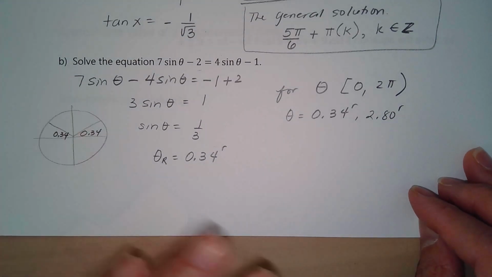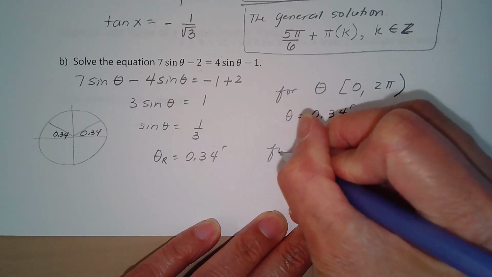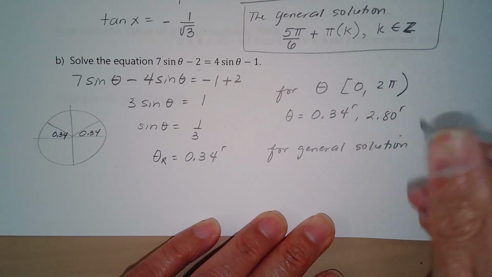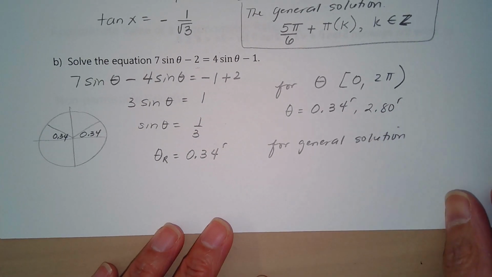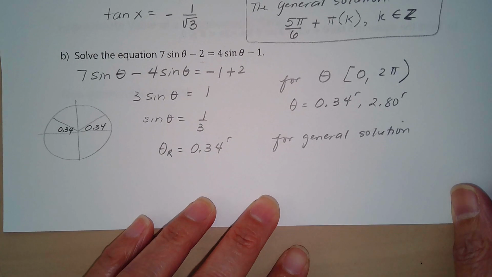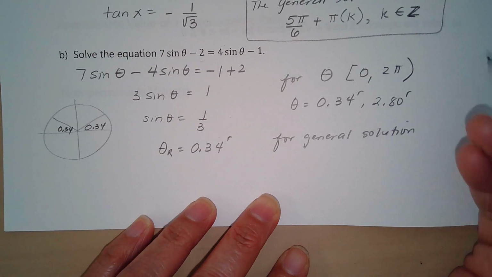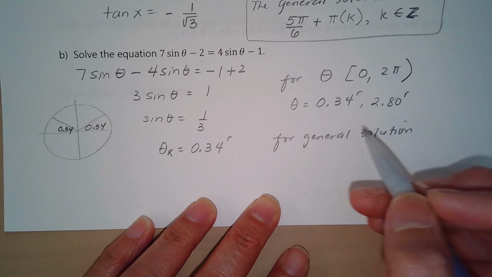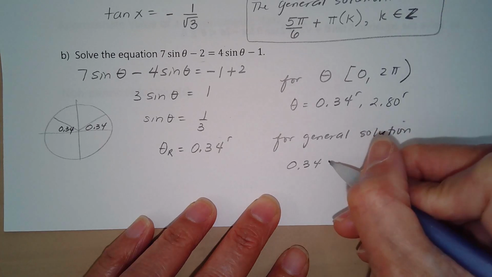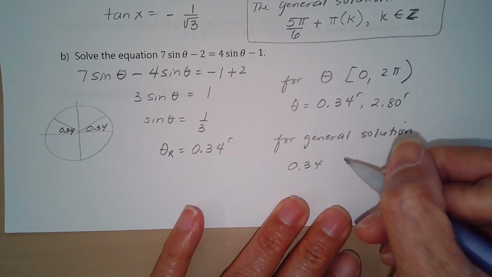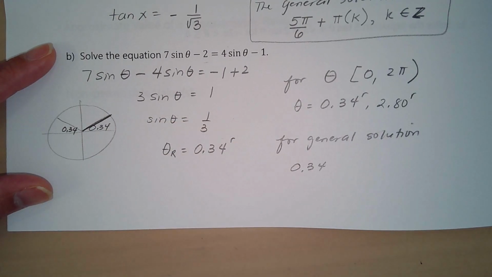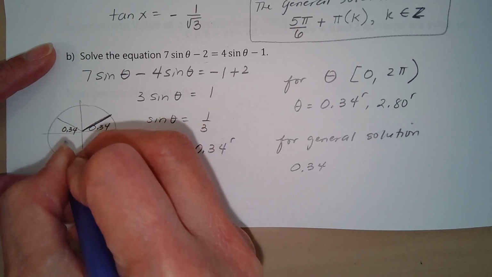Now what about the general solution? How can we get the general solution? 0.34. So how do you always get to this line over here, this terminal angle? So 0.34.